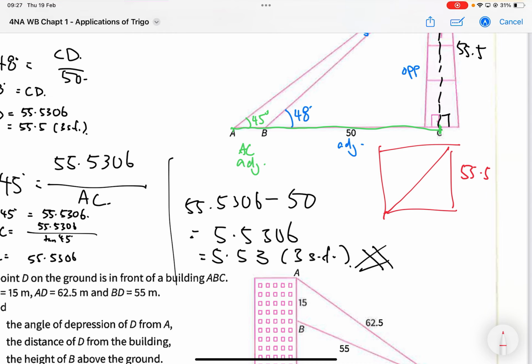If this angle is 45, this angle is also 45, since 90 degrees divided by 2. So this actually forms a square. The only time when this is 90 and this is 90, this length must be the same as this length. Anything that is 45 degrees, this is the same as this.